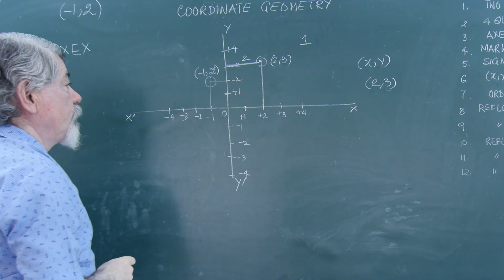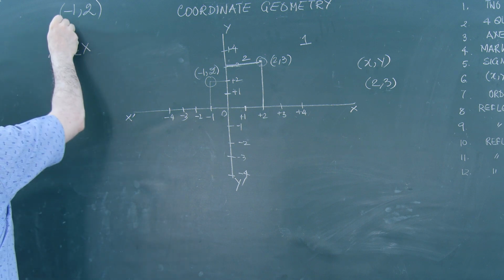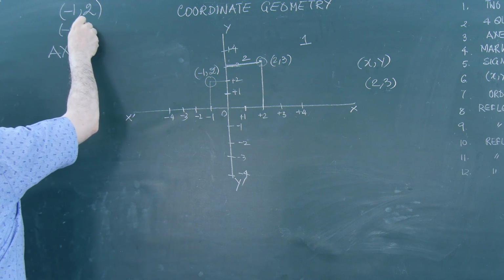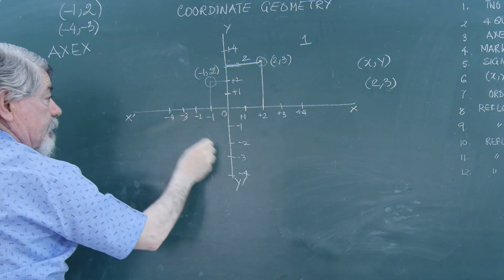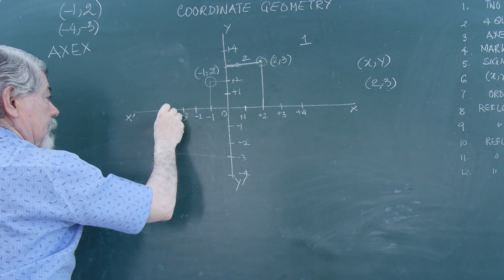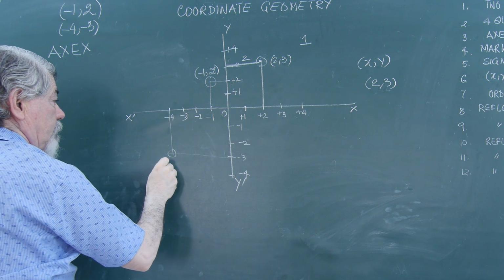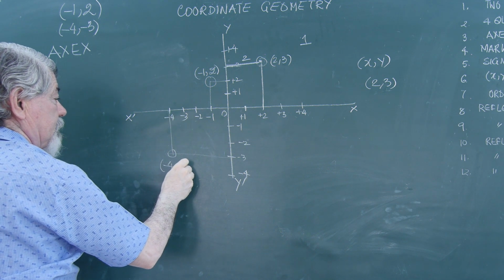If I want to plot (-4, -3), then -4 is here and -3 is here. So this point is (-4, -3).